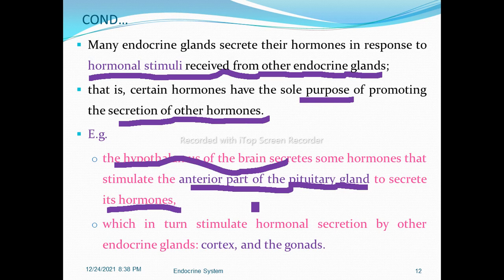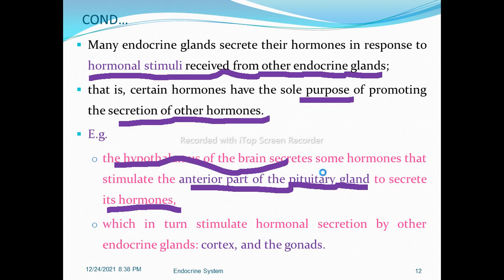Thyroid stimulating hormone stimulates the thyroid, and the thyroid secretes T3 and T4. So this activity of the hypothalamus and pituitary gland controls and stimulates another organ to secrete its hormones. This example is for hormonal stimuli.